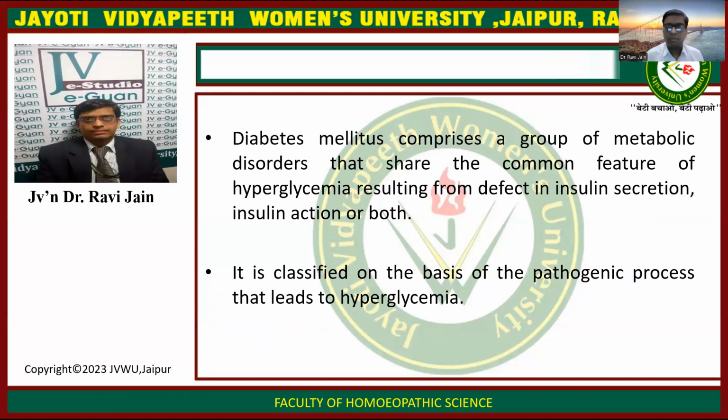Diabetes mellitus comprises a group of metabolic disorders. So this is not a single disorder, but a group of metabolic disorders that share the common feature of hyperglycemia. In diabetes mellitus, there is an increased level of blood sugar, known as hyperglycemia. This can result from a number of mechanisms, like a defect in insulin secretion, a defect in insulin action, or both.